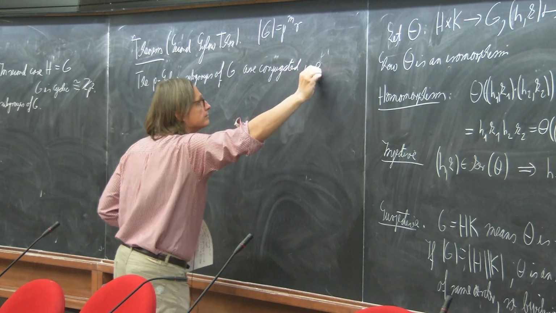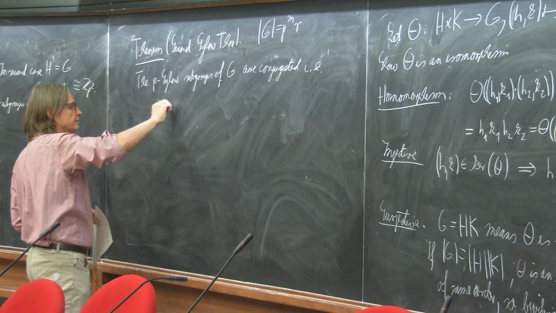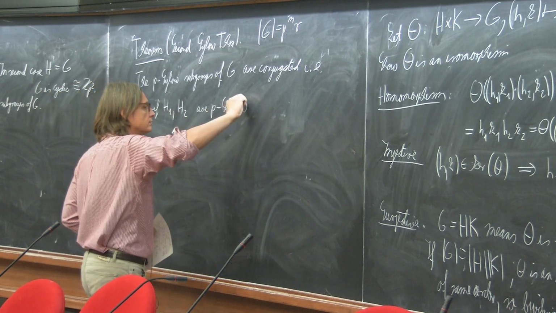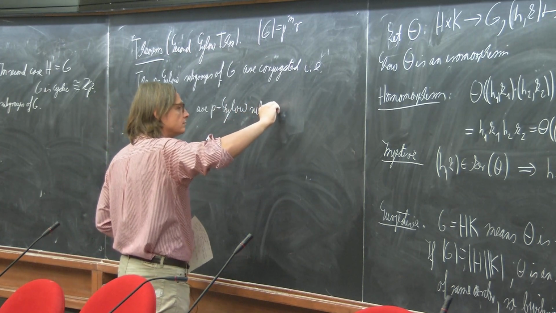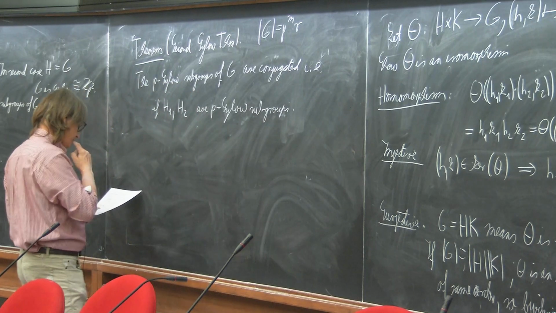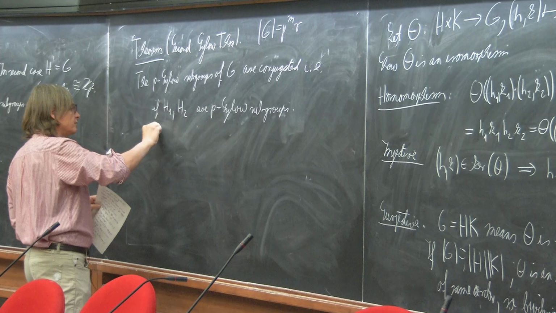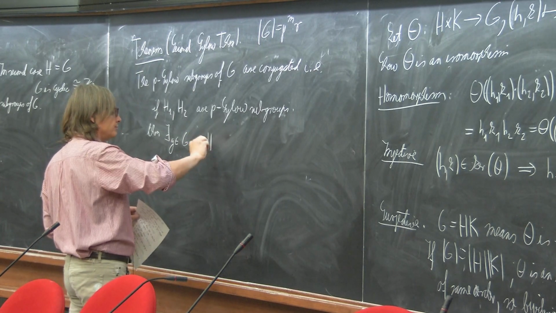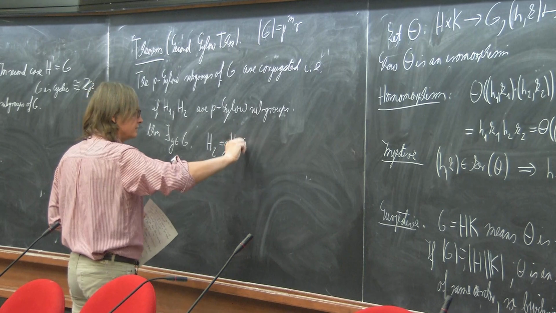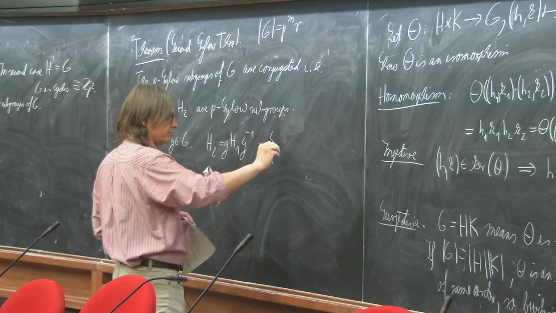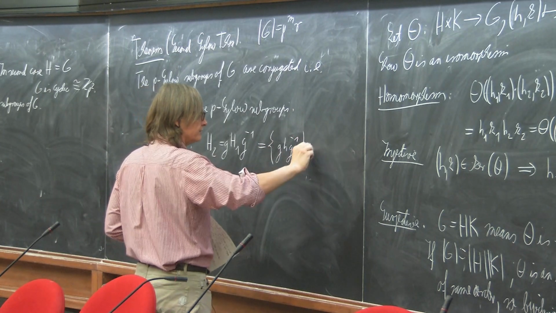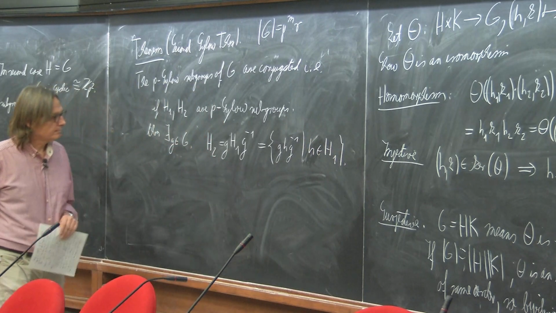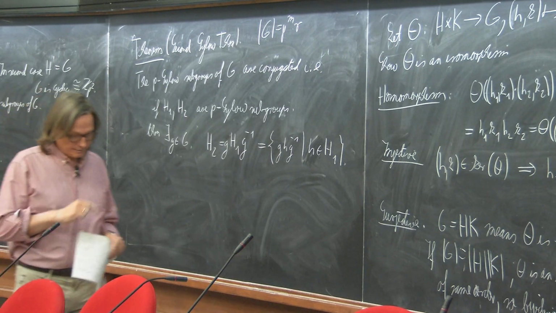That means if H1 and H2 are p-Sylow subgroups, then there exists an element g in the group G such that H2 can be written as g H1 g to the minus 1, which is as usual shorthand for the set of all g h g to the minus 1 with h in H1. Okay, this is the second statement.